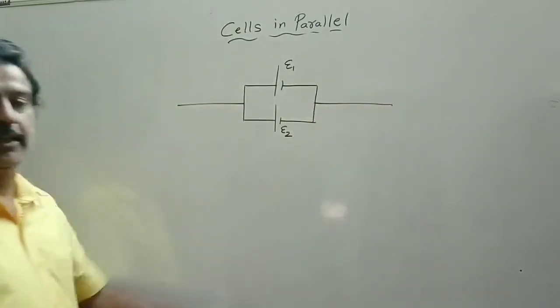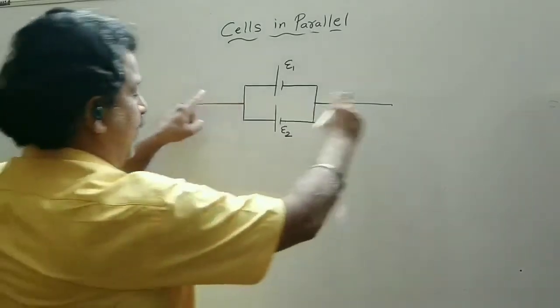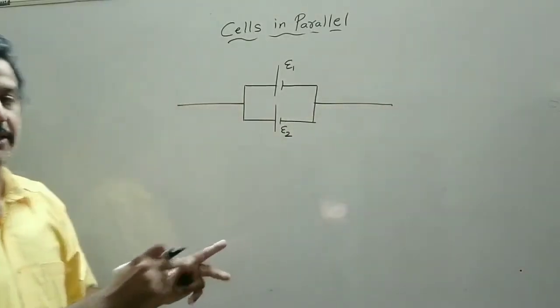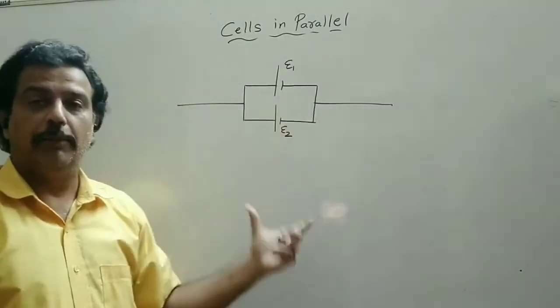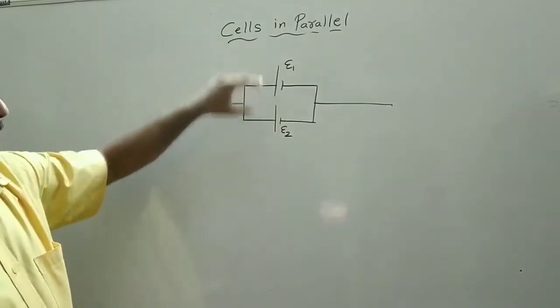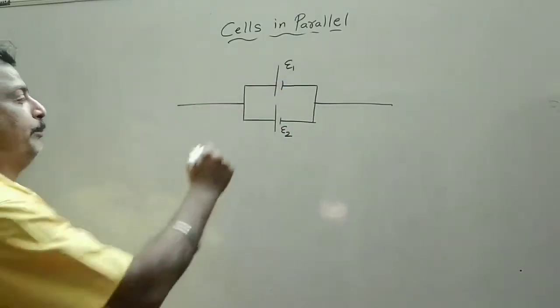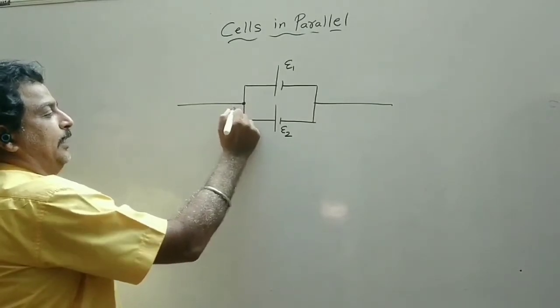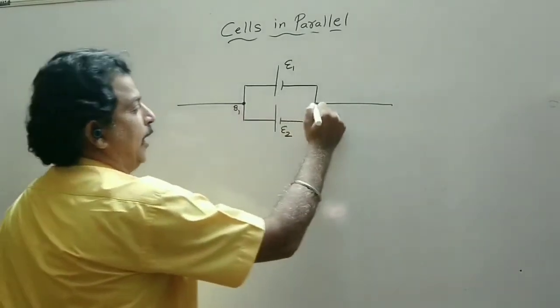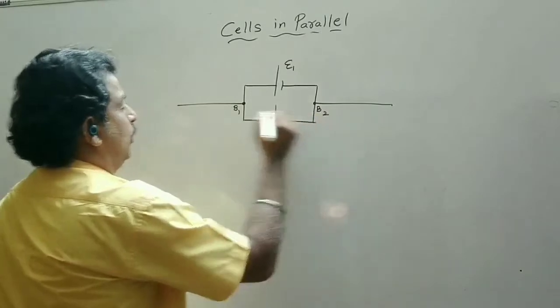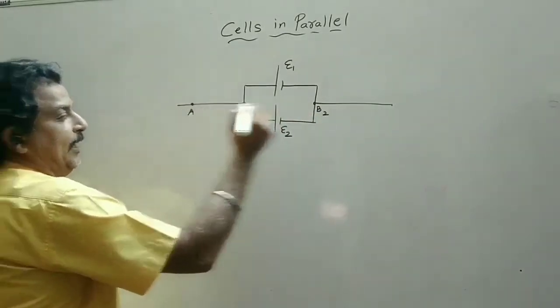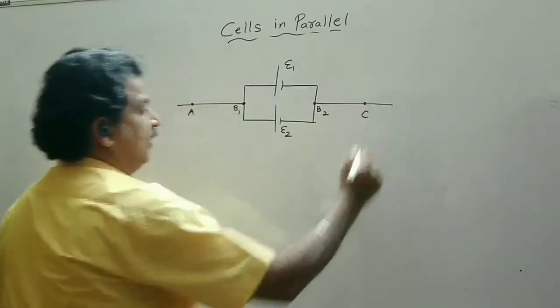So again the circuit is incomplete. We have to connect some external resistance to the circuit to complete it. So E1 and E2 are now connected in a parallel combination. Let us name this point as B1 and this point as B2. This point is say A and this point is say C.